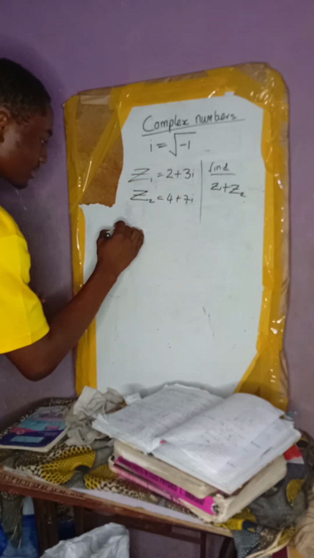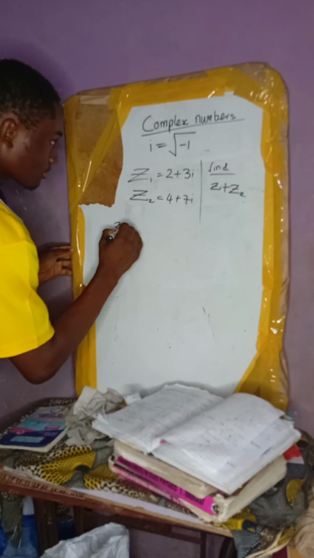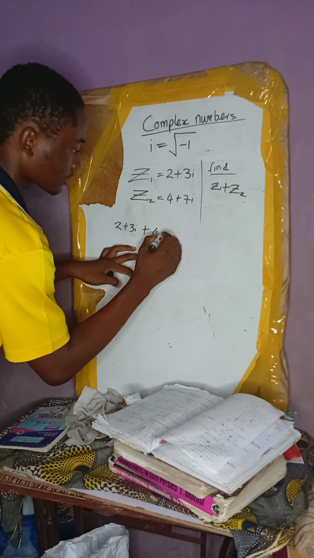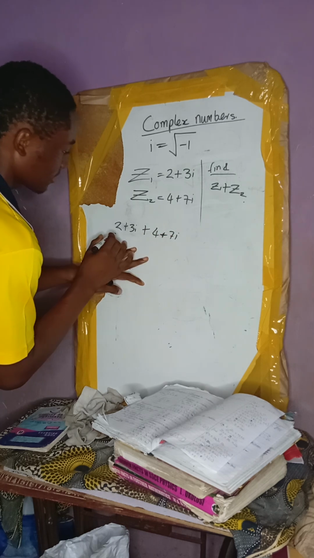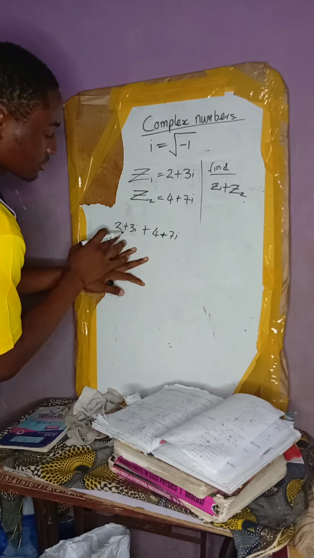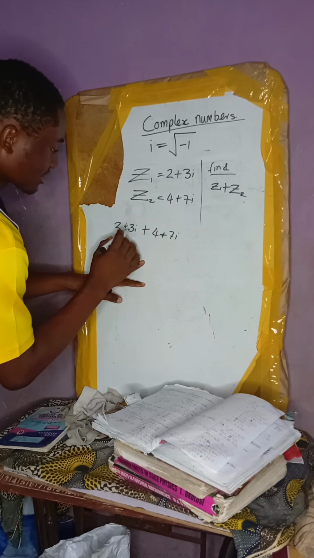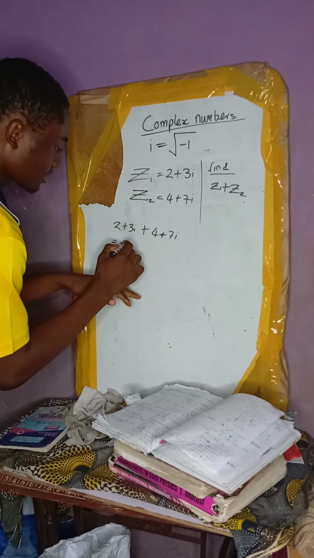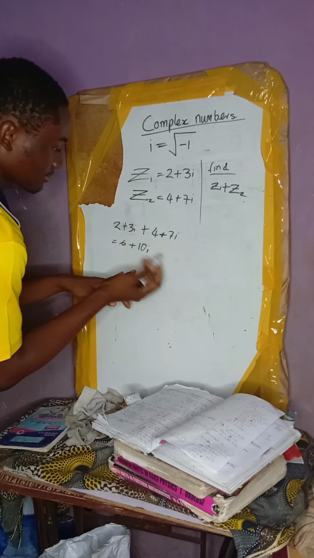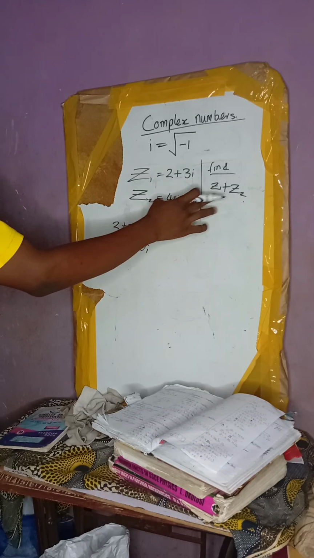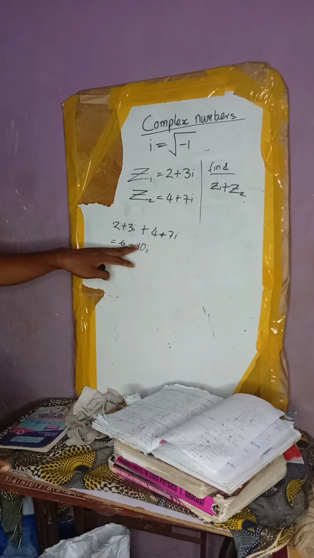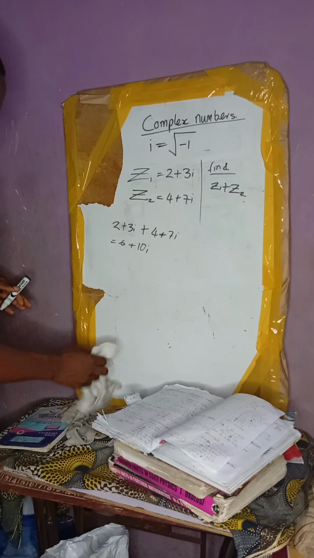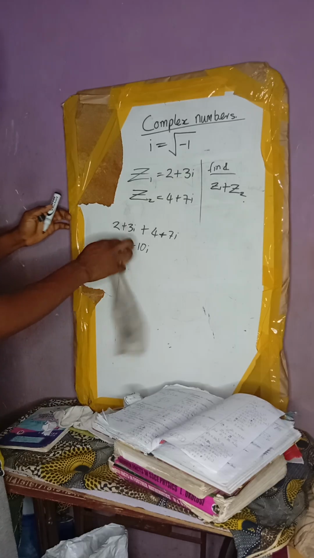That will be 2 plus 3i plus 4 plus 7i. 2 plus 4 is what? 6. 3i plus 7i is what? Just normal algebra, that is 10i. Therefore, Z1 plus Z2 will give you 6 plus 10i. Simple and short, so that is addition. Let us go to subtraction. Let us recap what we did in subtraction.